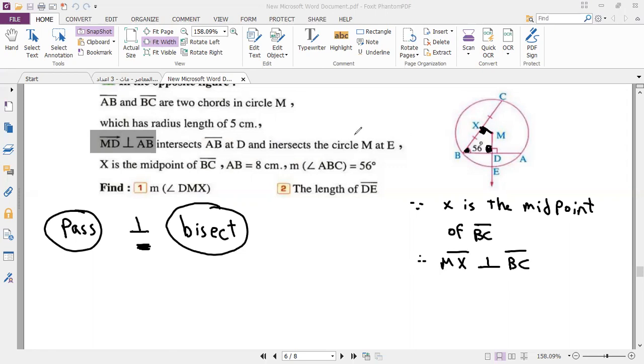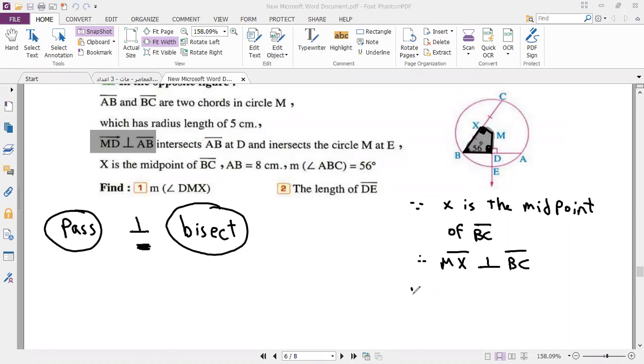And this figure here is a quadrilateral, as you see. It has four sides: 1, 2, 3, 4. And we have two angles of size 90, and we have an angle of size 56. So we can find the measure of angle DMX.